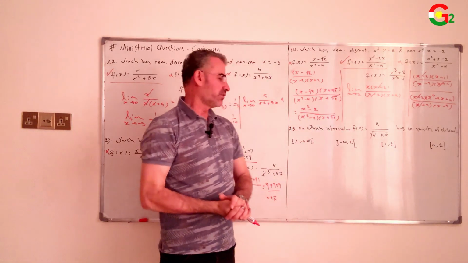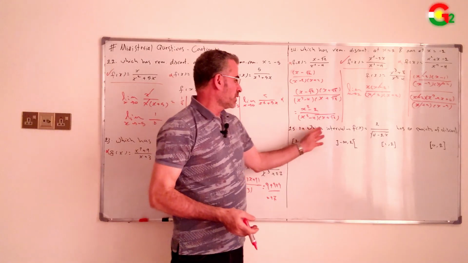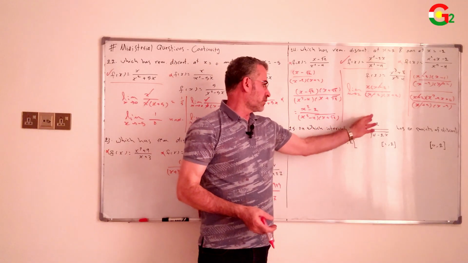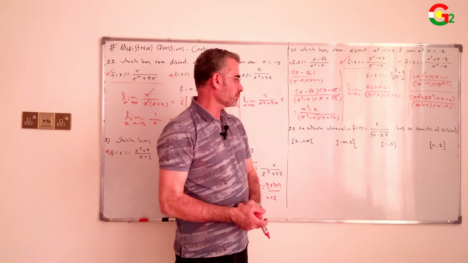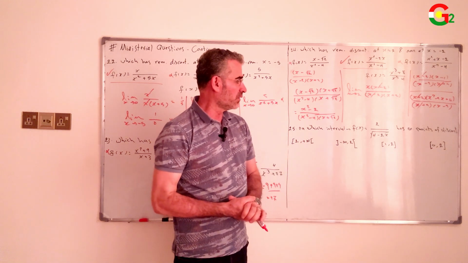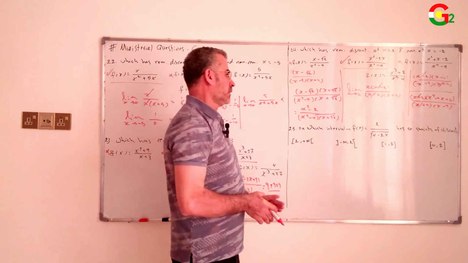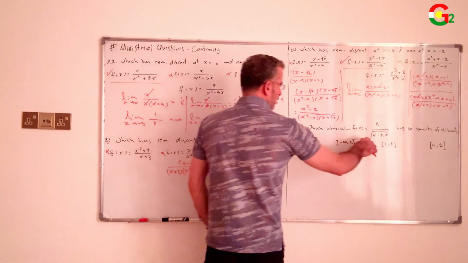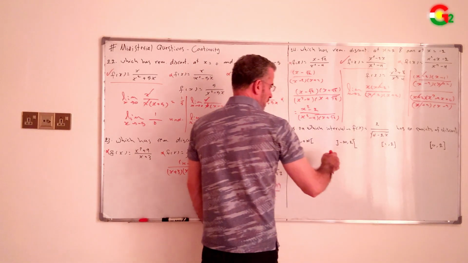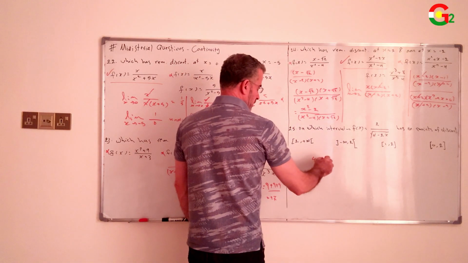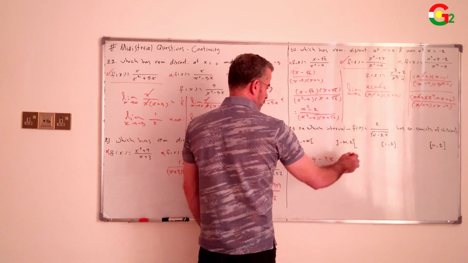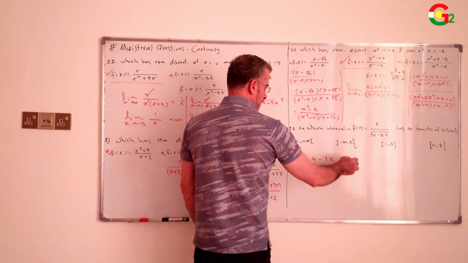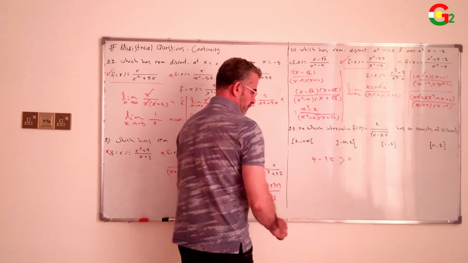Question number 25: on which interval does f of x equal 2 over square root of 4 minus 2x have no point of discontinuity? No point of discontinuity means the term inside the square root should be greater than 0.